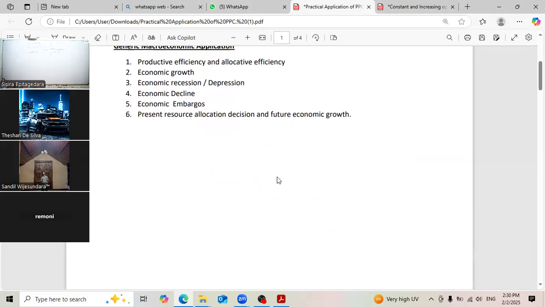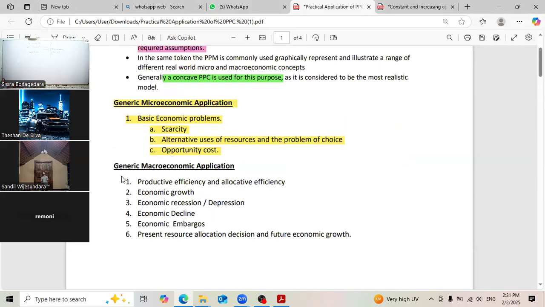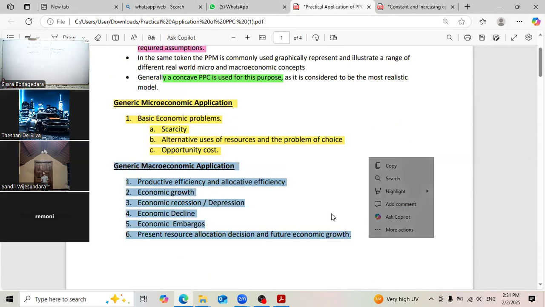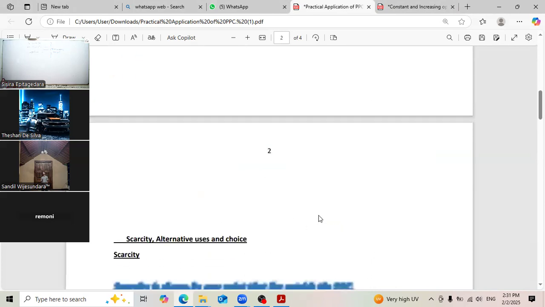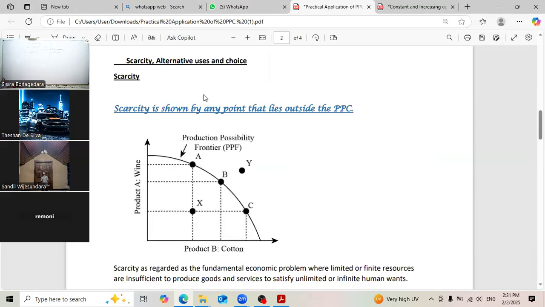Right, these are the points. Number one, Lamai, next week we can discuss the macroeconomic application of PPC. First one, Lamai, scarcity. Remember, scarcity is shown by any point outside the PPC curve. Scarcity is the main economic problem, and it can be shown by any point outside the production possibility curve.